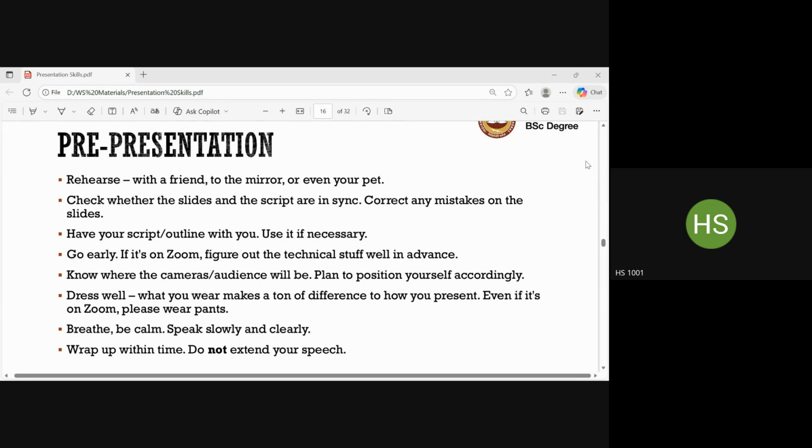The idea is to appear as a person who is capable of speaking on the topic. So, visually, you're just trying to communicate, look here, I am well sorted, I am ready, I'm thoroughly prepared, and I am someone who is perfectly capable of speaking about this topic. That is simply the idea that you're trying to communicate visually.